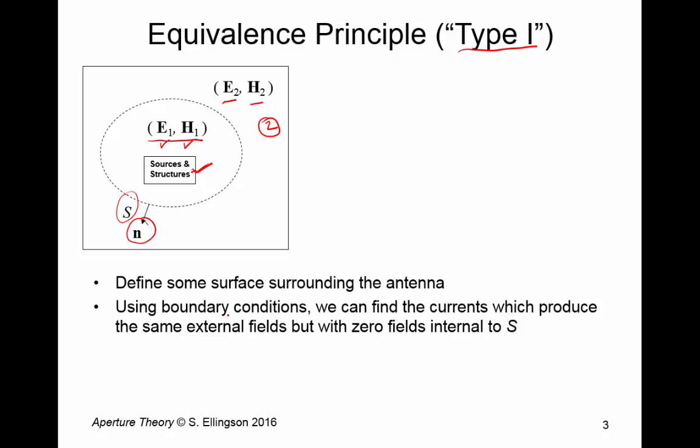And by this, I mean fields in region 2, but with zero fields internal to S. So the idea is we'll use the equivalence principle to replace everything inside the surface with zero fields, and then we'll have, as a consequence, equivalent currents which flow on the surface.